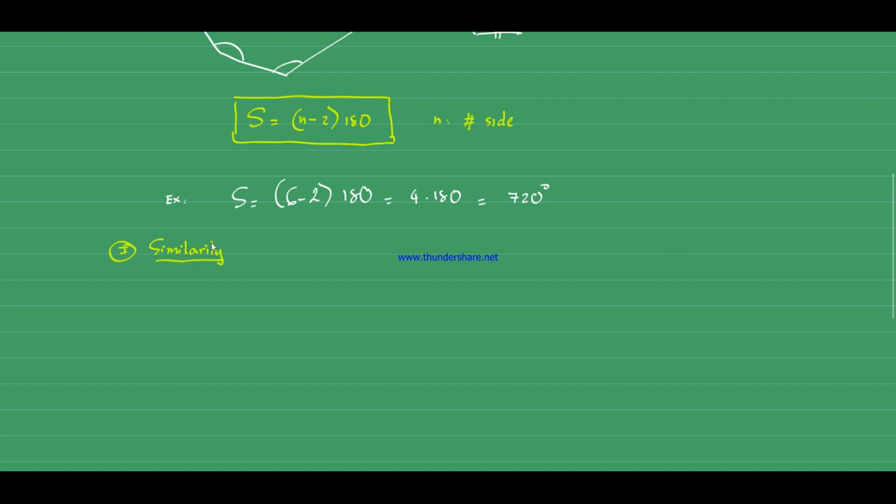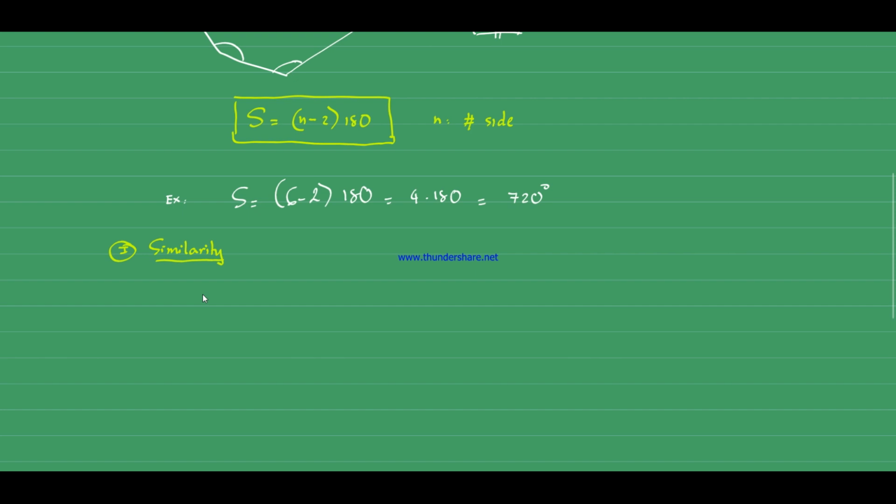Okay, so what does it mean by similarity? When you have two polygons and they have the same shape, it could be bigger or smaller, but as long as they have the same shape and the same angles, then we can say that they are similar to each other.